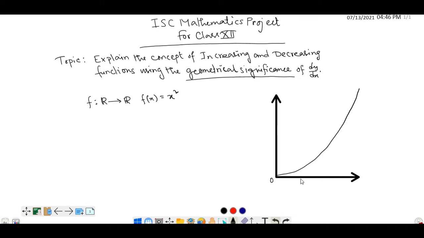So what happens here is that if you take the point 1, the output is 1, this height is 1. If you take the point 2, the output becomes 4. If you take the point 3, the output will become 9. So you see the height of this graph is increasing for increasing values of the input.